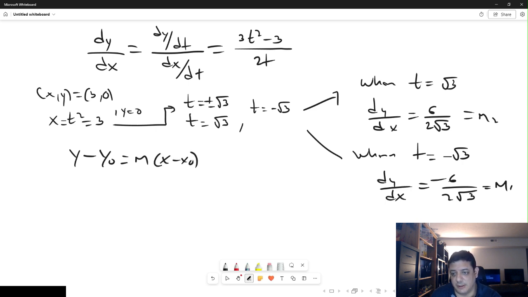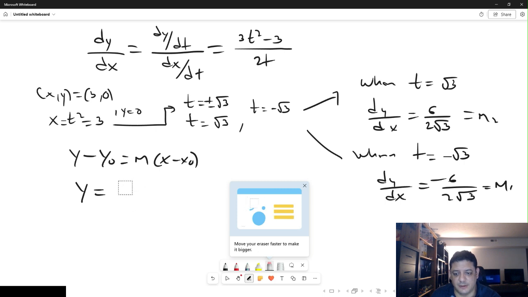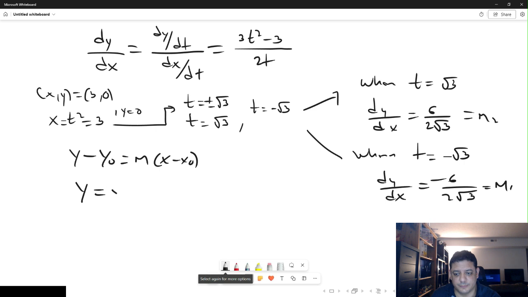So y equals a slope, and in one case it is 3 over square root of 3, which you can simplify more, and you can see this is just the square root of 3. This is just the square root of 3 times (x minus 3). And so this is for when we have this slope.